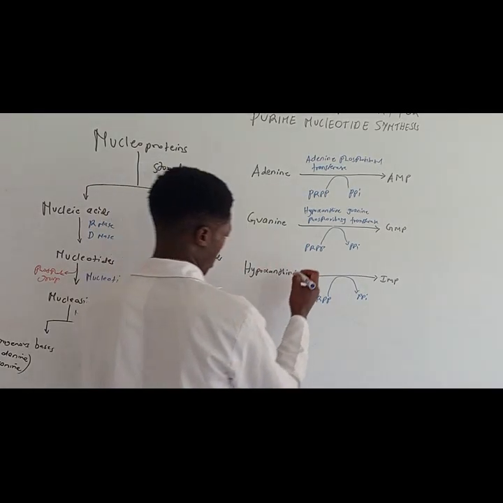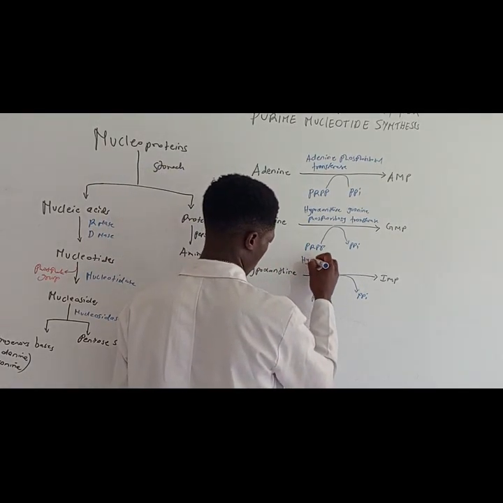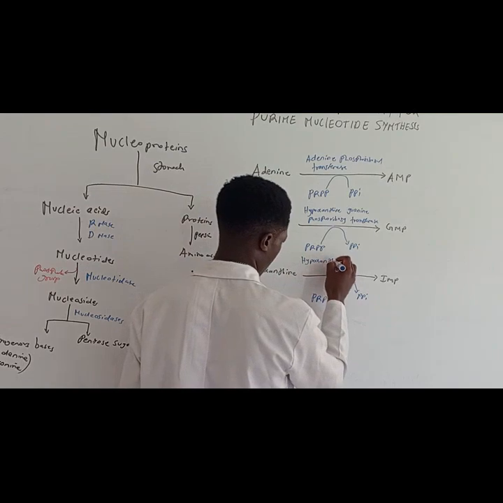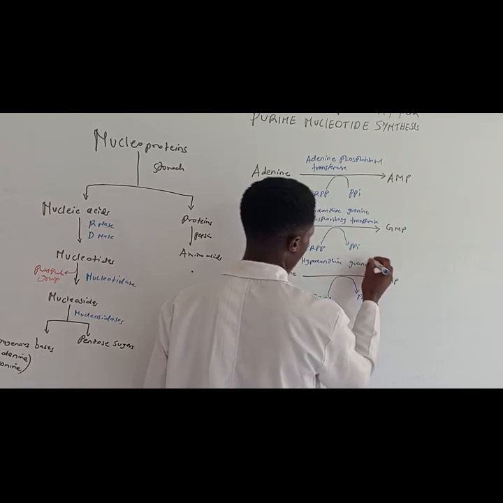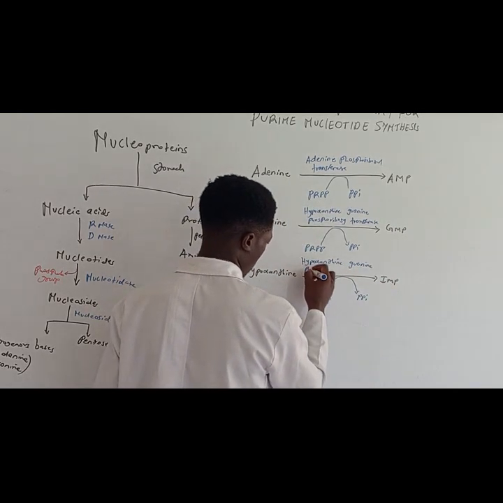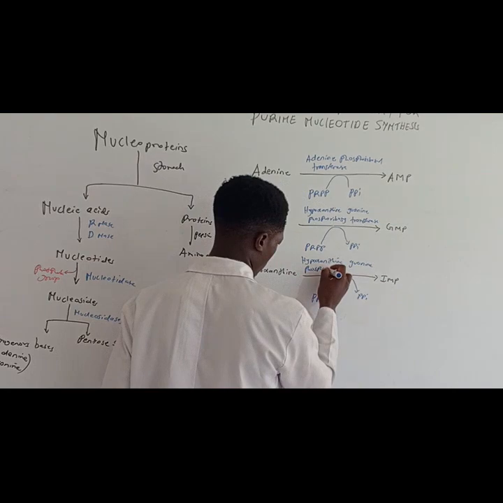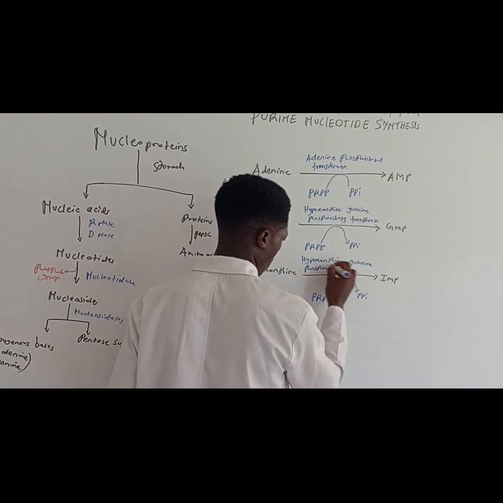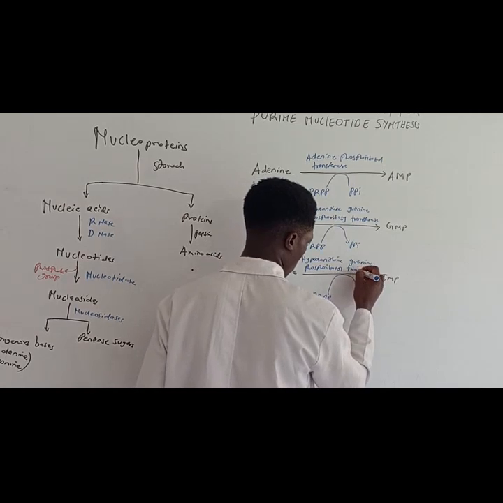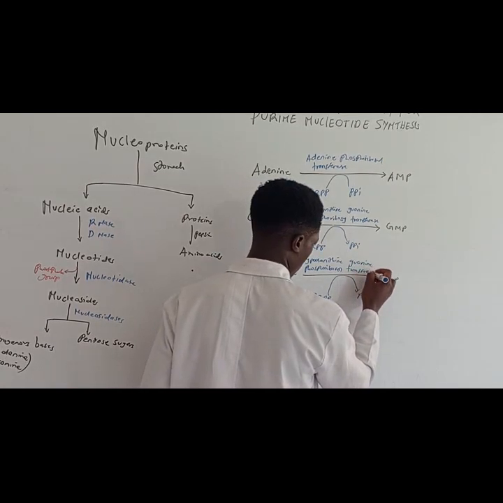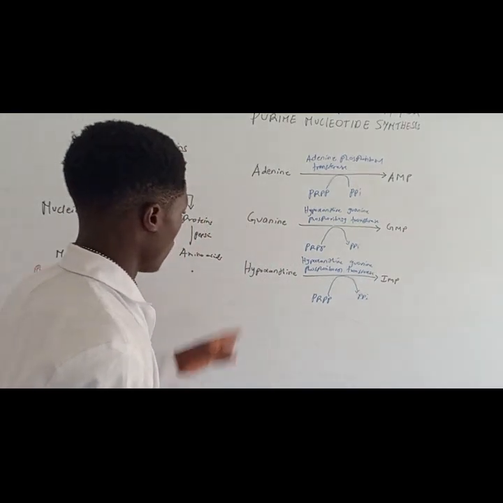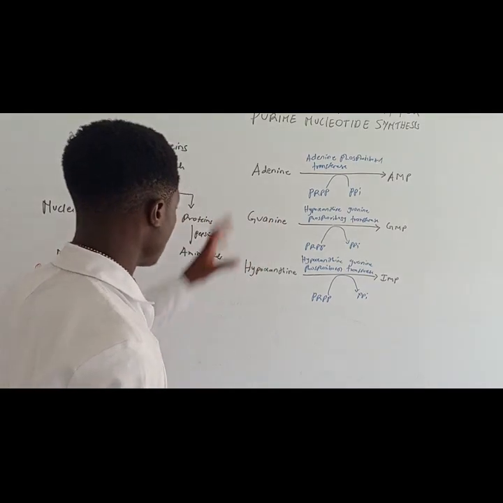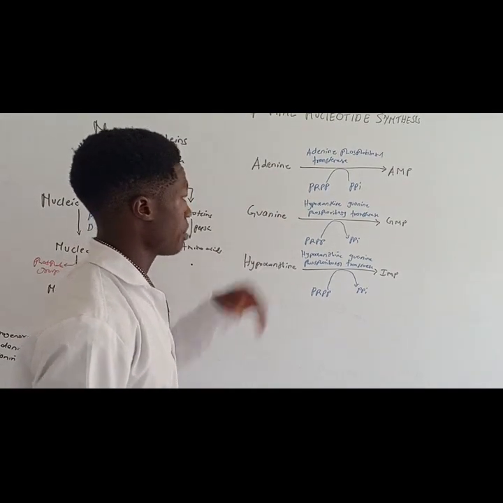Then the enzyme is hypoxanthine-guanine phosphoribosyltransferase. Now, that's how we can convert these particular purines into the purine nucleotides.